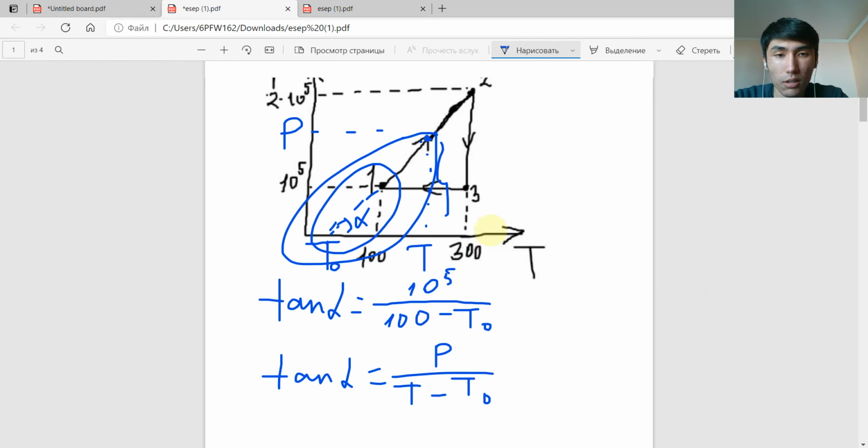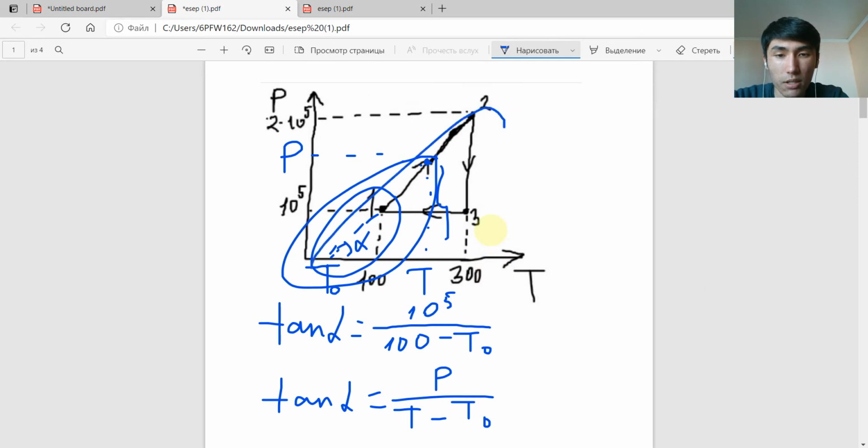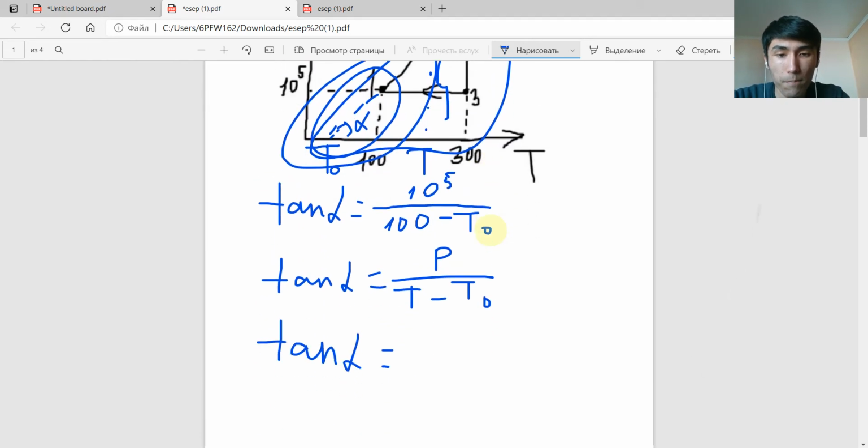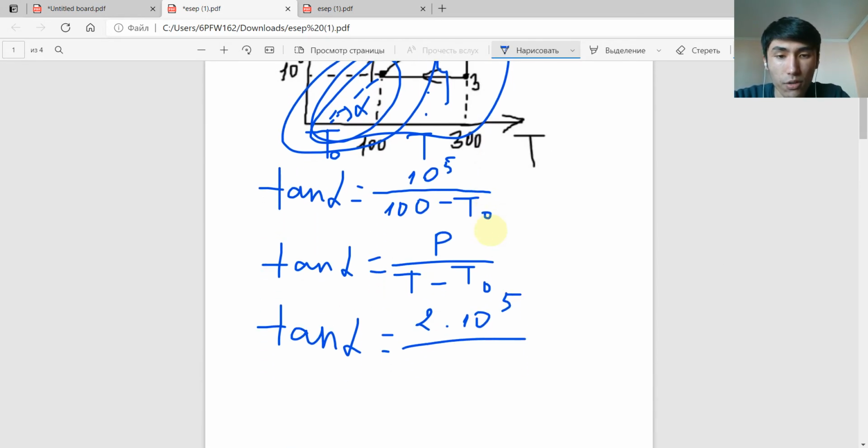And then the big right triangle, we should find the tangent. We should write the equation of tangent alpha of this part. So here will be 2 times 10 to the power of 5 divided by 300 minus T0.